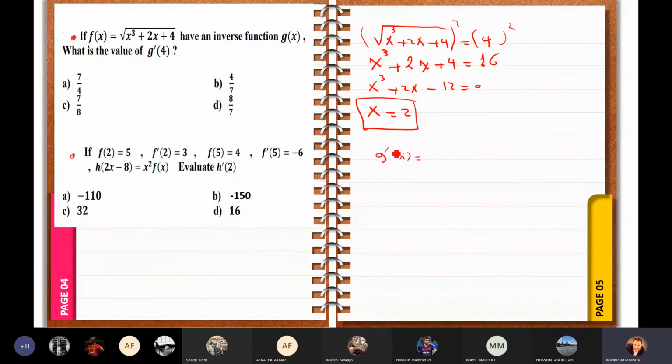Okay. How to find g prime? It will be 1 over f prime of g of x, right? So find f prime. f prime is what?